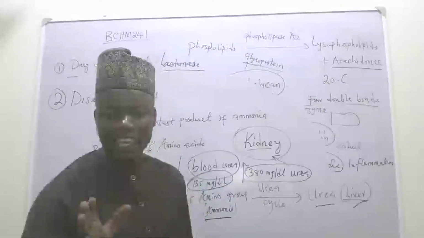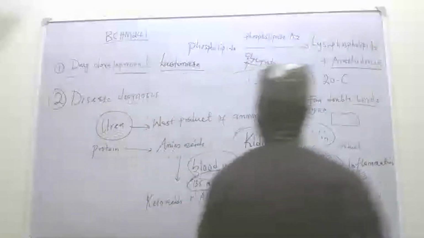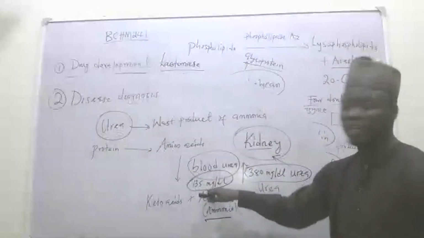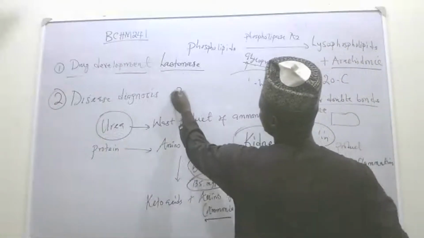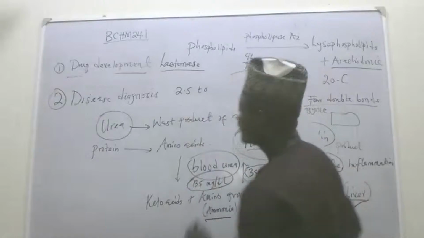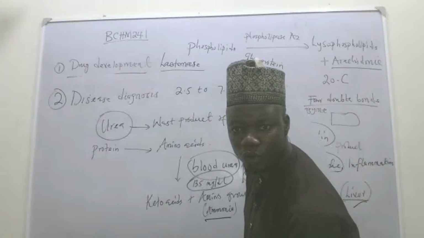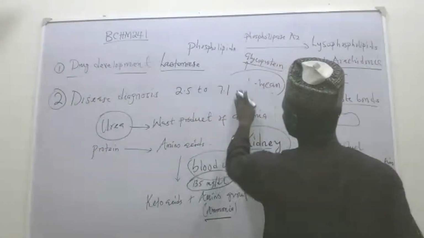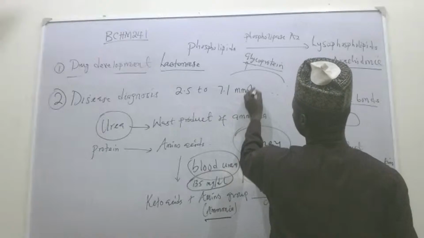Excellent, Clara. Clara said that the normal range, because this is just an assumption, is 2.5 to 7.1 millimoles per liter.